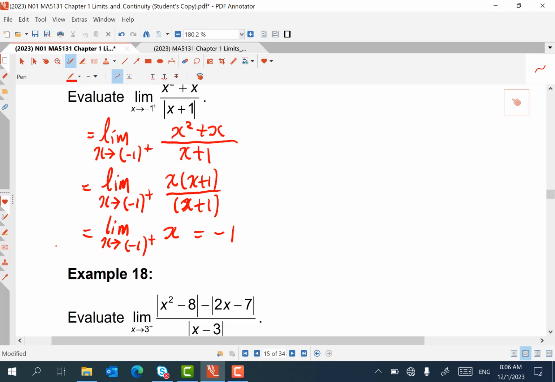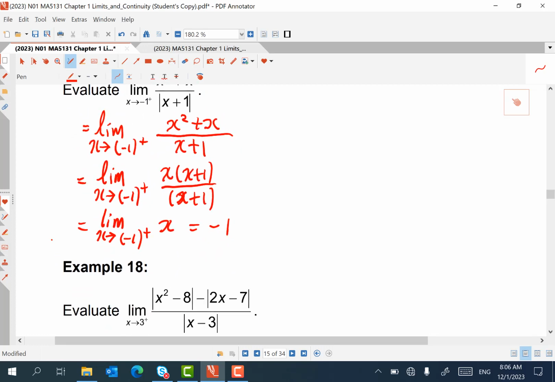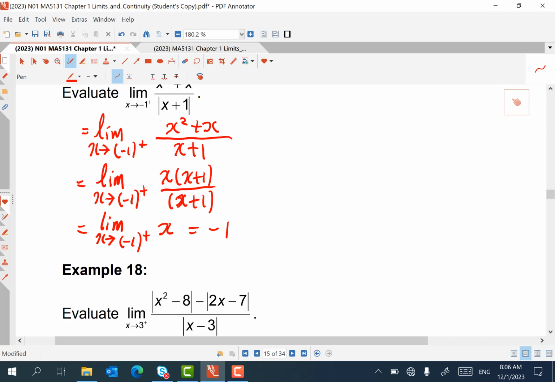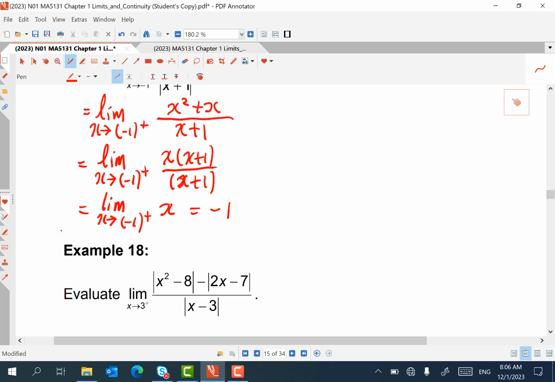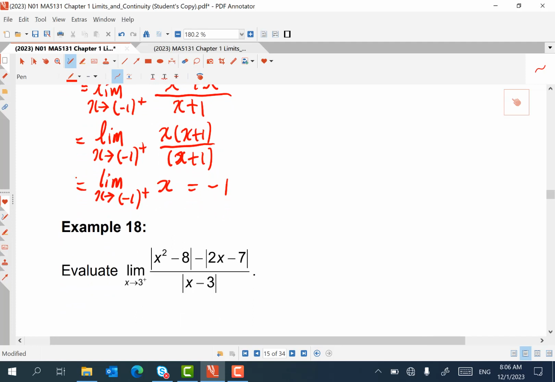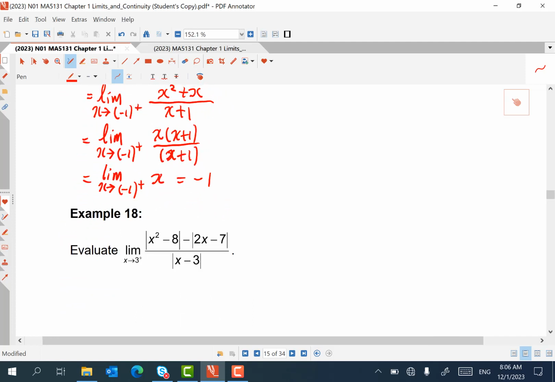In the other class, they told me that 18 is actually harder. No one? Okay, that's good to know. In question 18, we are given the case where x tends towards 3 plus. A show of hands up, who have done 18?